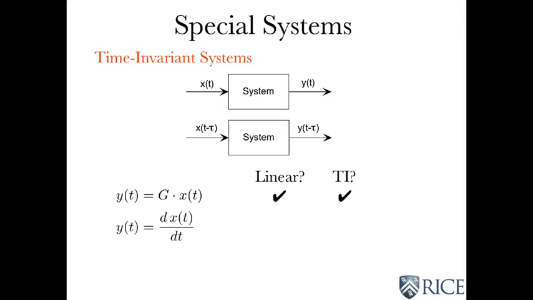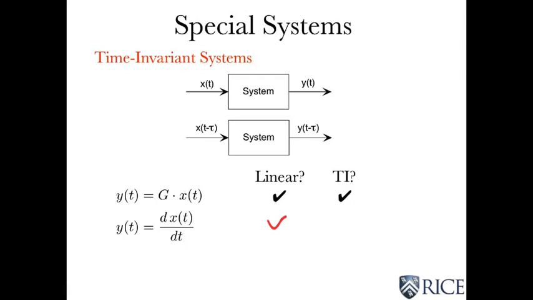Okay, another example. How about the derivative box? Something that takes a derivative. Is that linear? If you take the derivative of a sum, is that the sum of the derivatives? And I think you'll agree. Yeah, sure, that's true. So that's linear. How about time invariant?